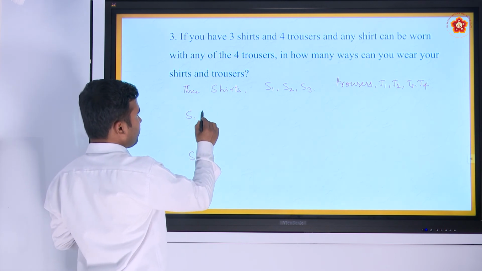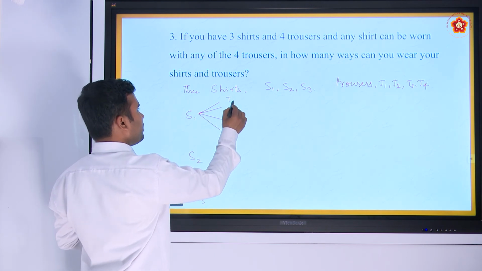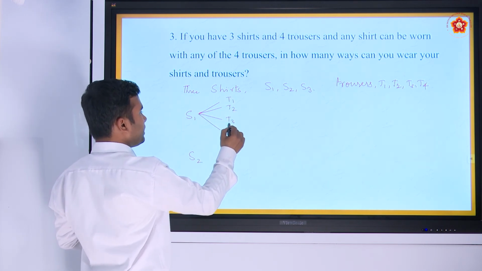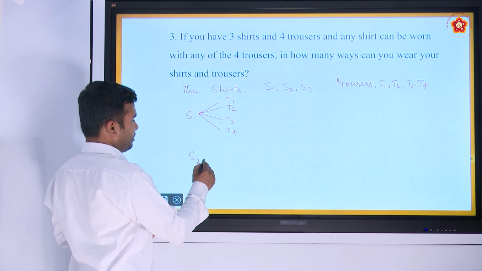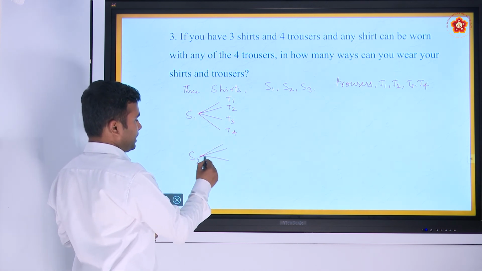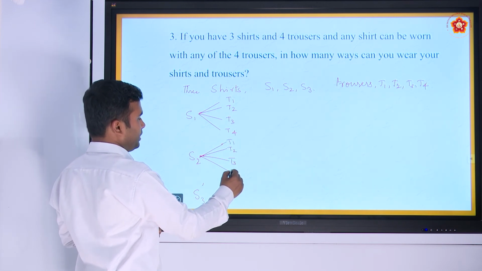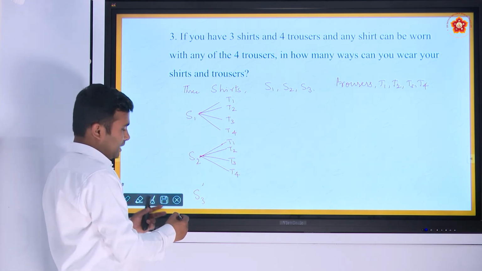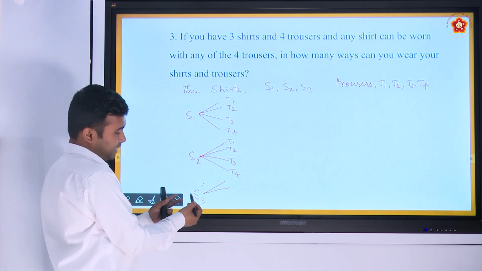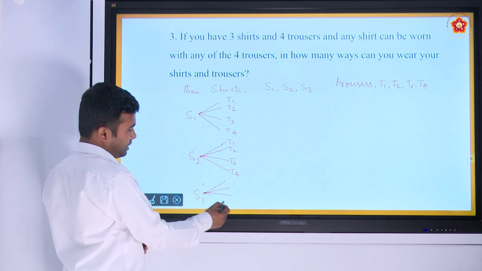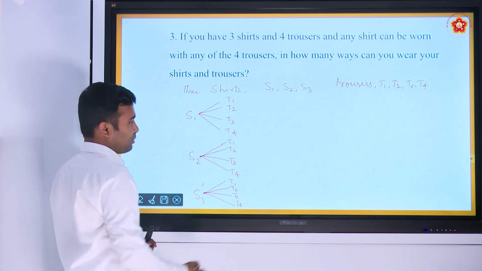For this we have 4 trousers, say T1, T2, T3, T4. Similarly for shirt 2 also: T1, T2, T3, T4. Similarly with S3, that is shirt 3, you can wear 4 trousers like T1, T2, T3 and T4.